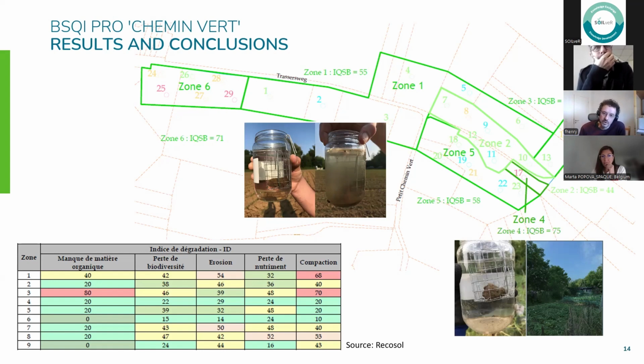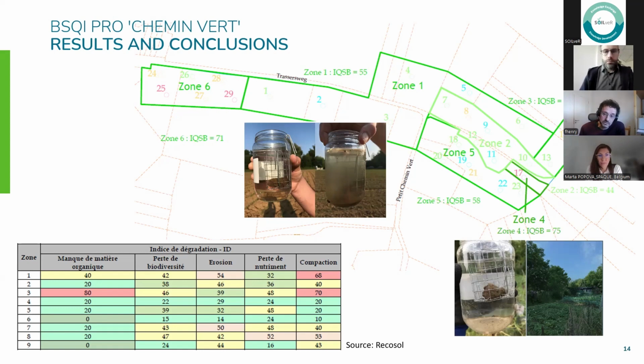If we look more closely at the parameters, we can see that zone 1 has poor structural stability, a low organic matter content, a deficient soil ecosystem, and the presence of a compacted layer. As shown by the slake test, the clod of soil literally dissolved in water.